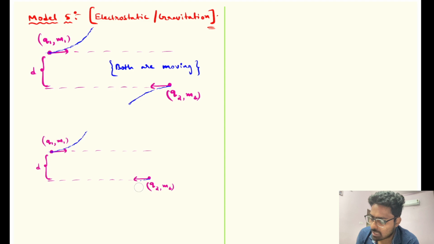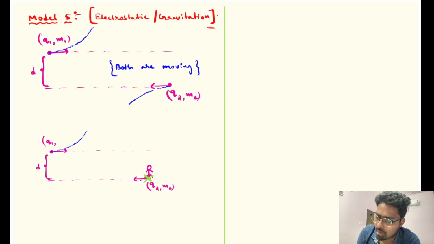When I stand on one particle like this, then this particle will be fixed. This particle cannot move. But what about the charge? The charge won't change. Only the reduced mass concept applies, only the mass will be changed. So what will be the mass of this one?